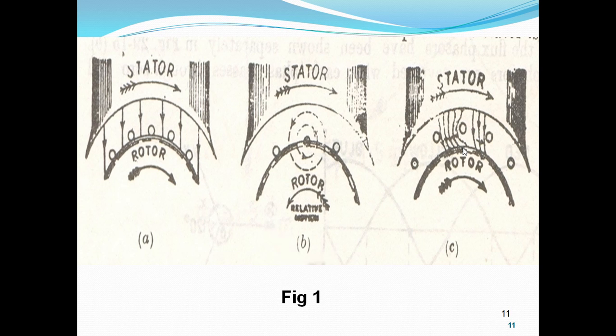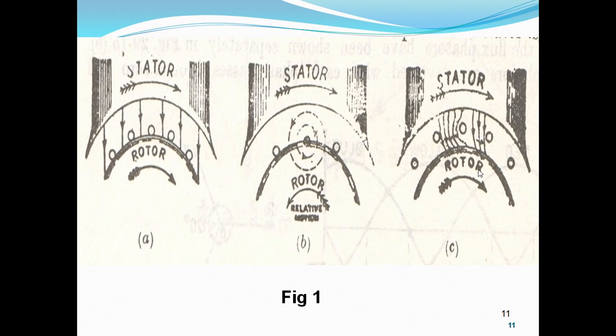When speed increases, again the rotor conductors cut more stator flux. Like this, slowly and automatically it picks up speed and the motor starts rotating in the clockwise direction.